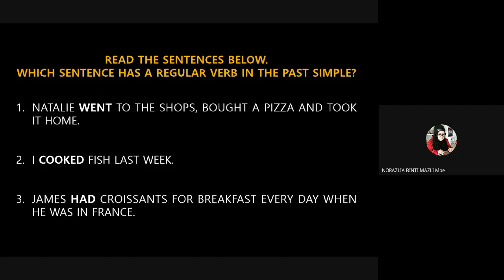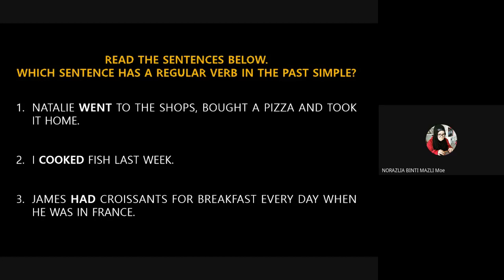Do you remember what regular means? What does regular mean, Muiz? Okay, look at the instruction here. Which sentence has a regular verb in the past simple? Do you remember which one the regular verb is? The main verb.